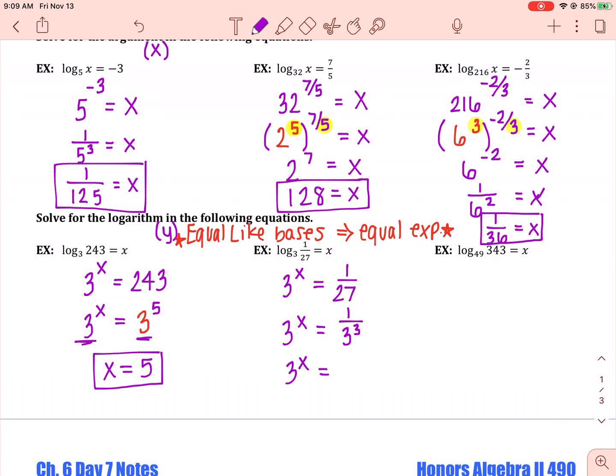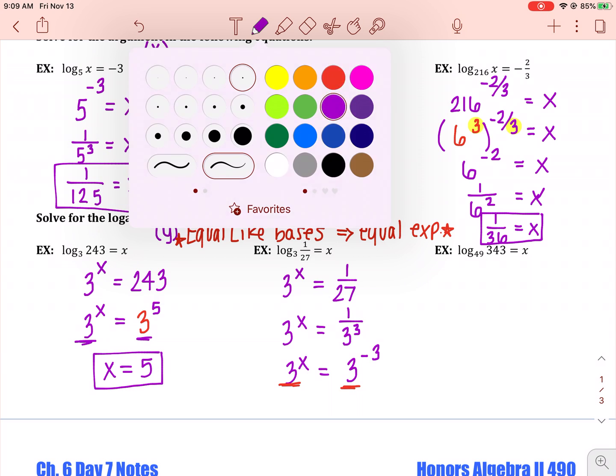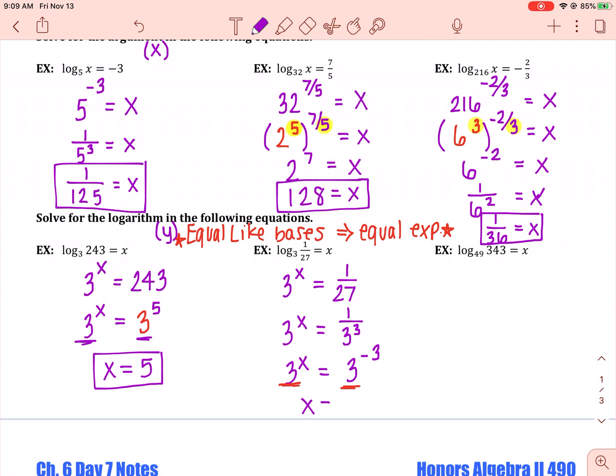Rewriting, this is really 3 to the negative 3. And I know you're like, oh no, negative exponents, you can't have it. But now we have equal bases. That's what we need. 3 and 3. I can do a little rearranging, enough to show that x will equal negative 3.